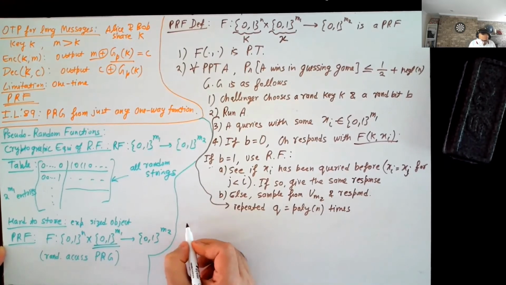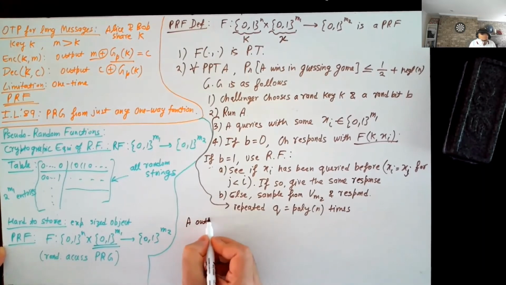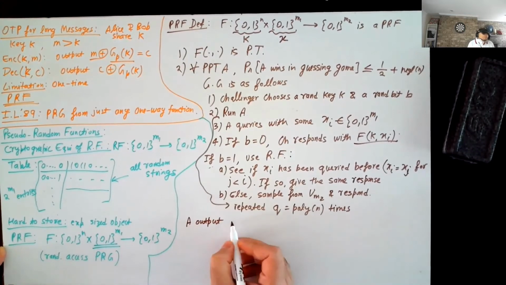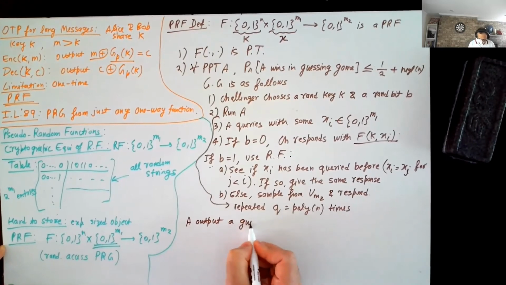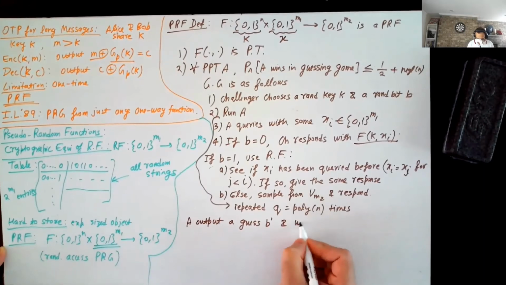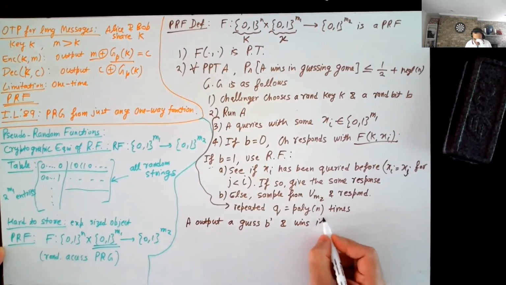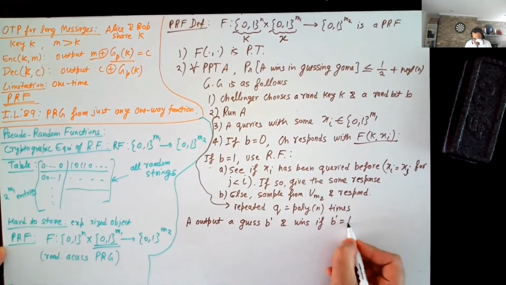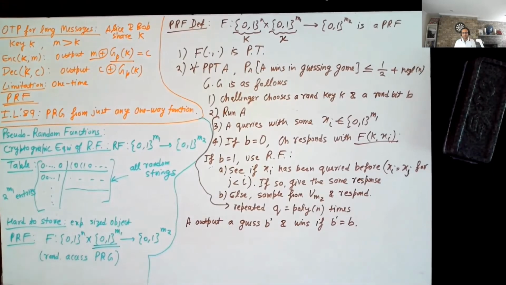And then finally, A outputs a guess B prime and wins if B prime equals B, right? So throughout the experiment, A can make several queries.